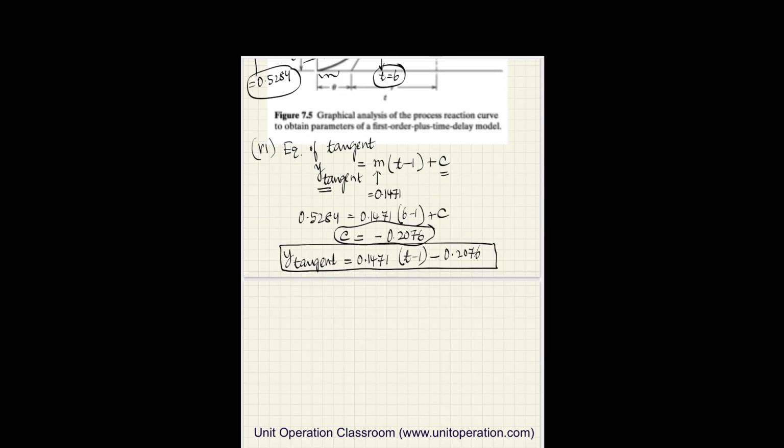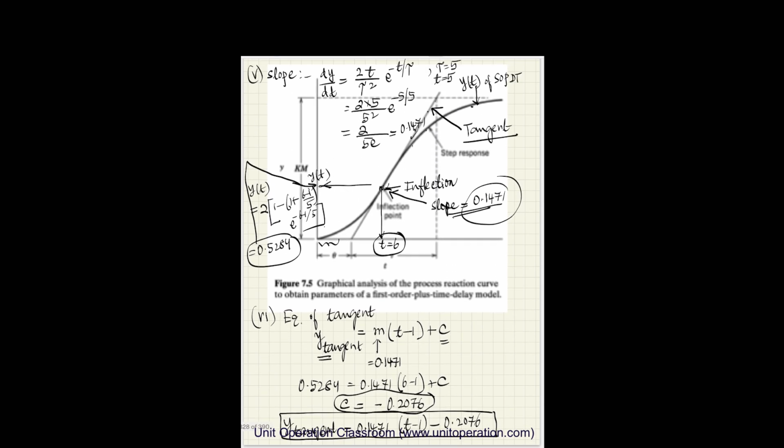Now we have to find out the value where this tangent line intersects this y equal to 0, that's the t line. Okay. And wherever it intersects, that will be my theta m, value of theta m. So this is very easy.